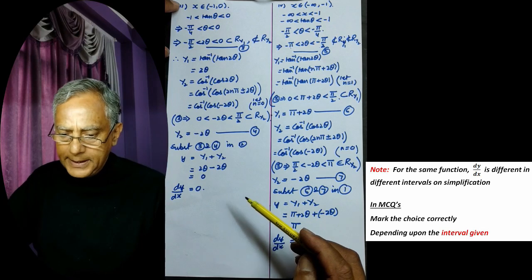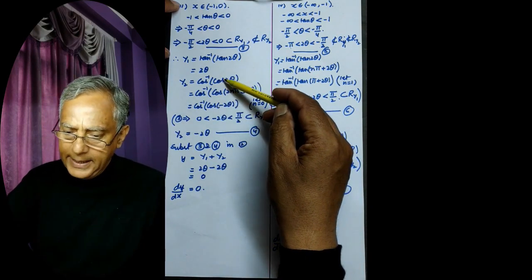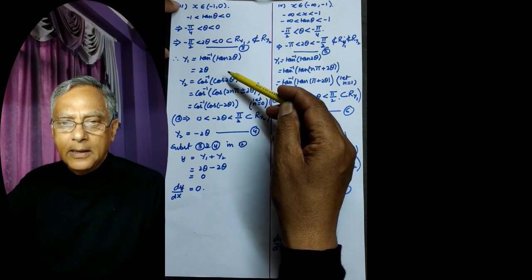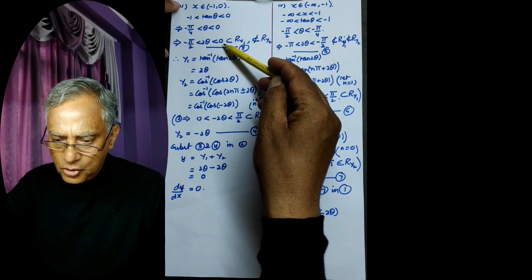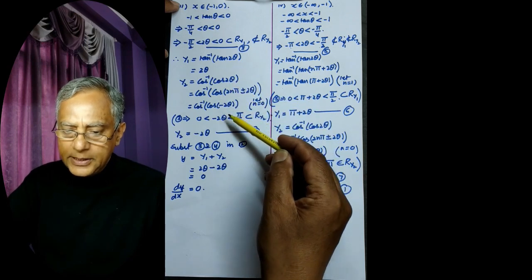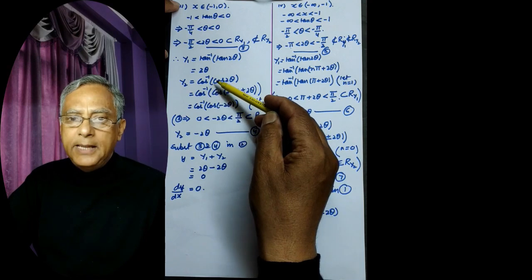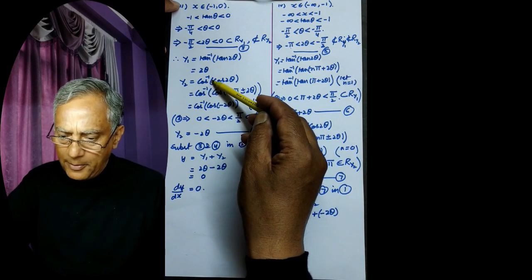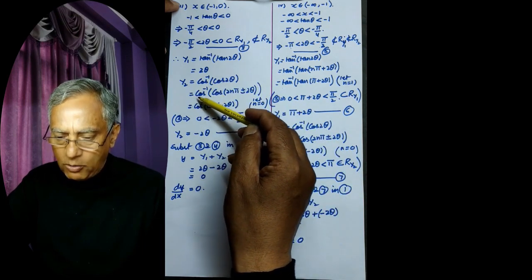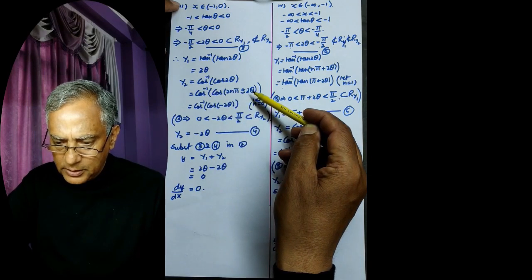Now one more important thing, with a bit of practice you will be able to write this step directly from this. Now 2 theta here is not in the range of the function. But minus 2 theta is in the range. So with a small amount of practice you will not be required to do this.